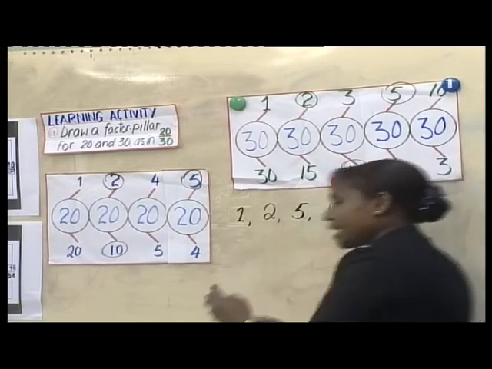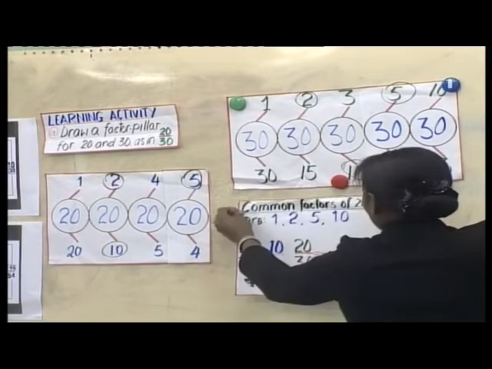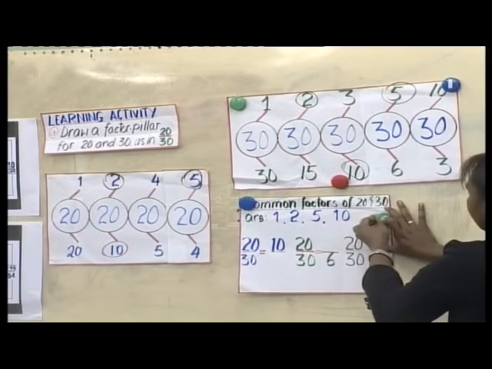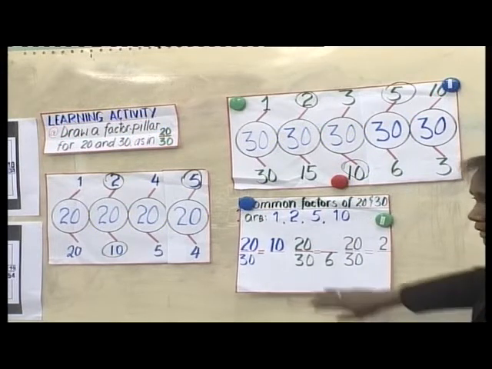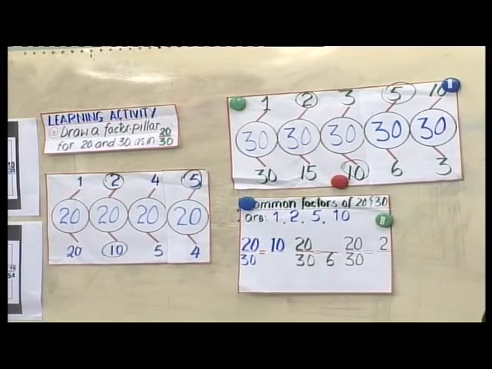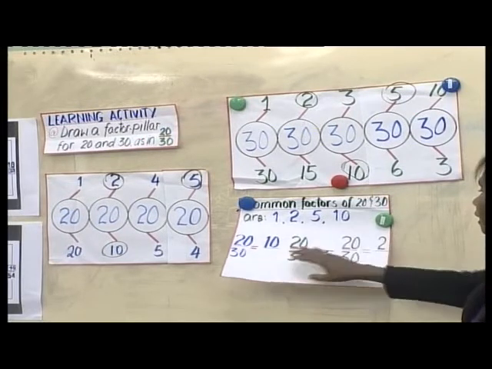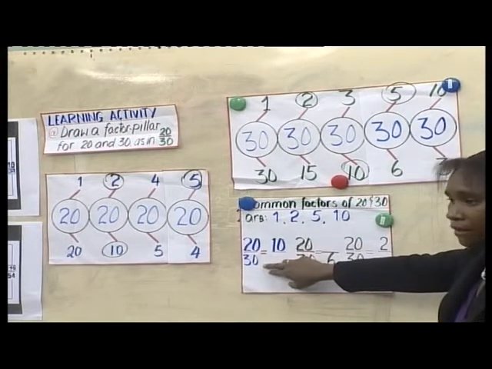Using these numbers here, I would like us to go through completing this. So we have here the common factors of 20 and 30 are 1, 2, 5, and 10. We will use these numbers here to find the equivalent fractions to 20 over 30.